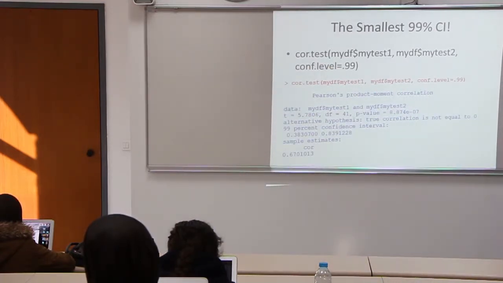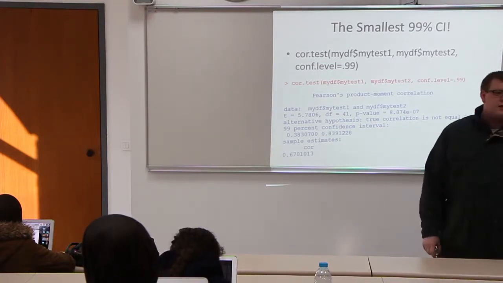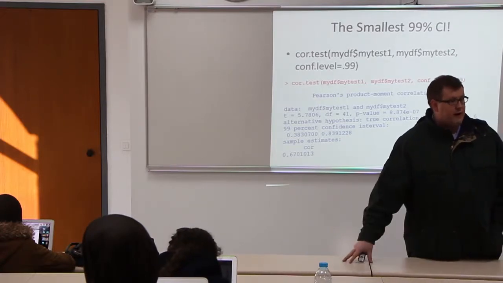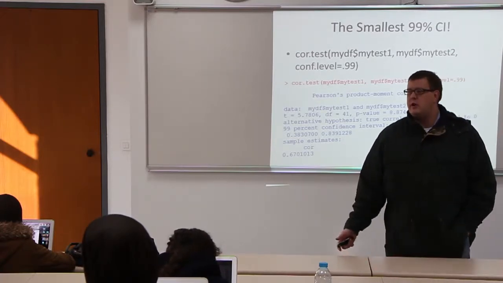I think that we could have had an alpha of 0.001, but you don't have to get the 99% coverage. So you're saying you could use an alpha of 0.01 but then calculate a 95% confidence interval? Yeah, you could.